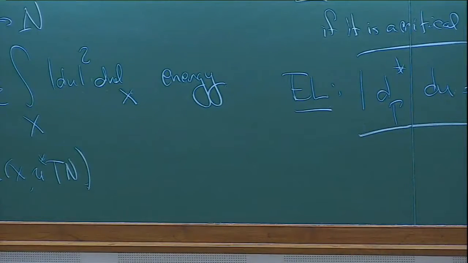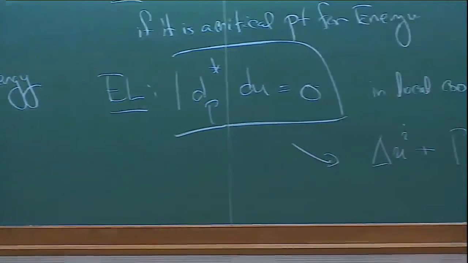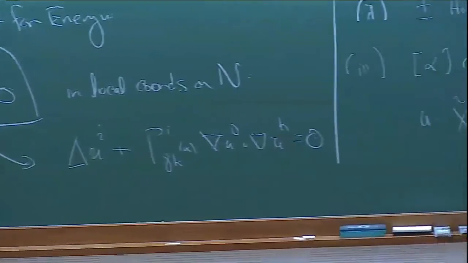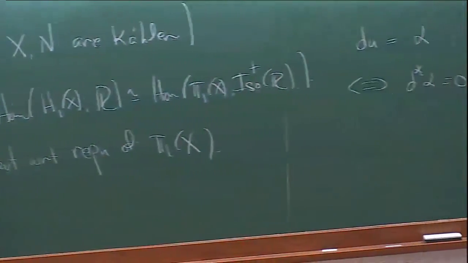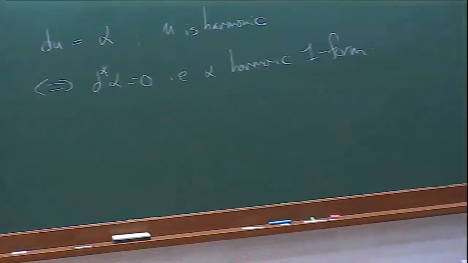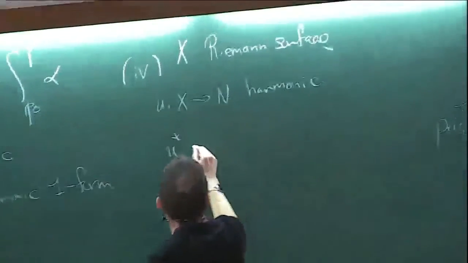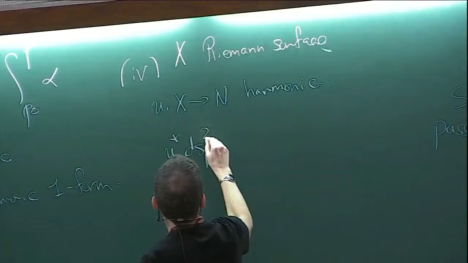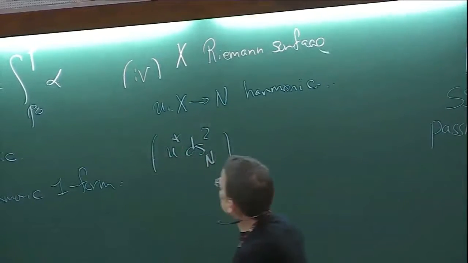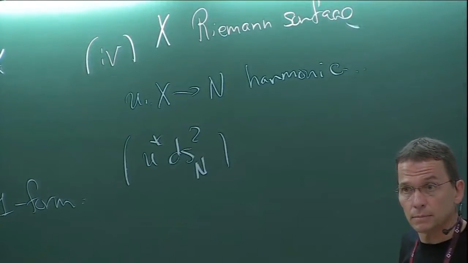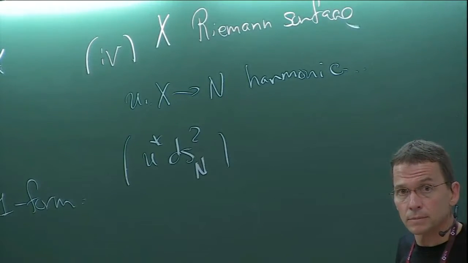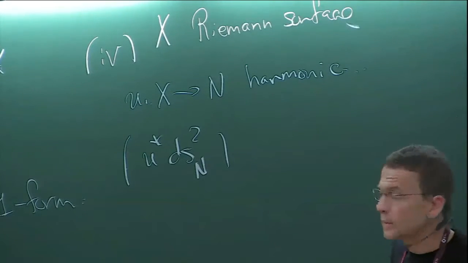Okay, so in that case, there's a very interesting quantity that appears. If this is a harmonic map, then I can pull back the metric from N and view this as a symmetric two-tensor in the complexified cotangent bundle.